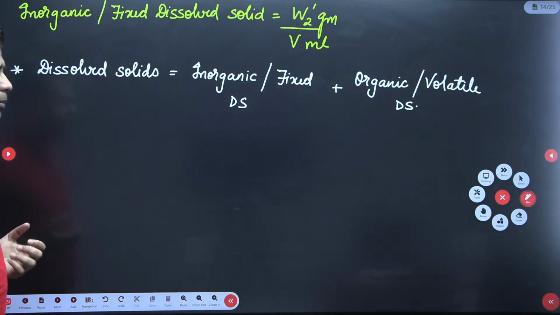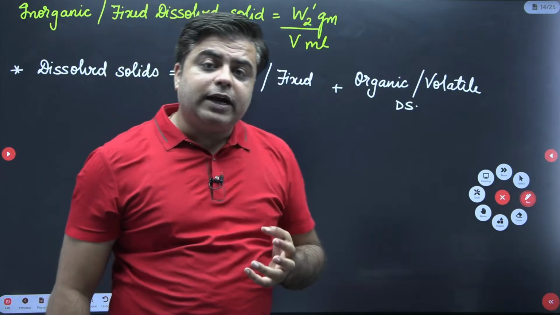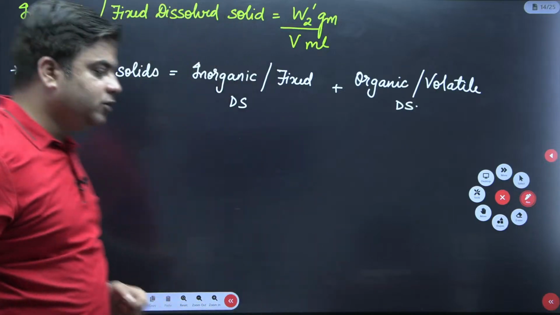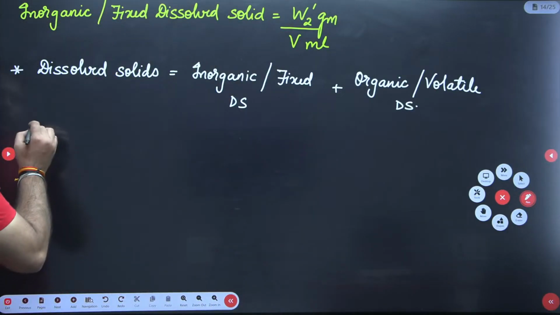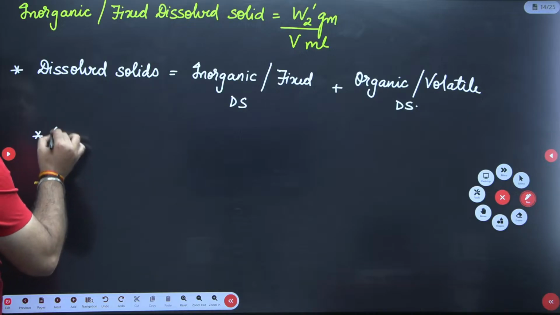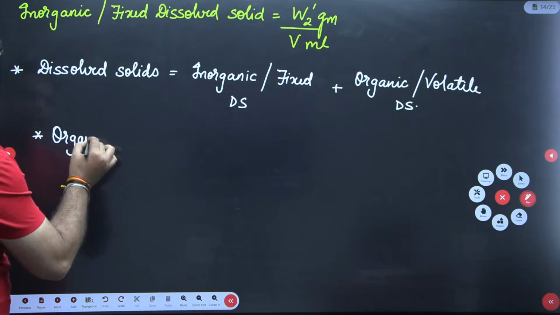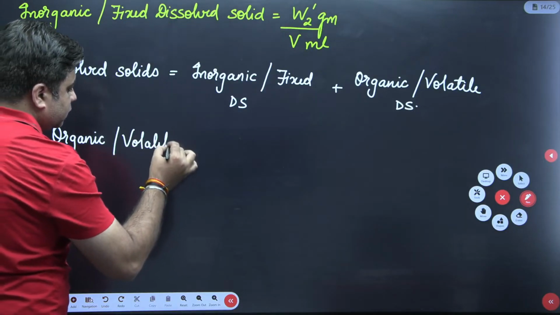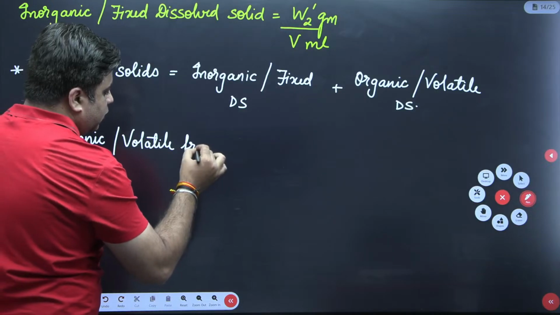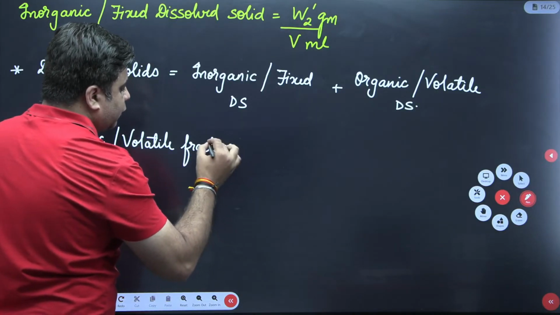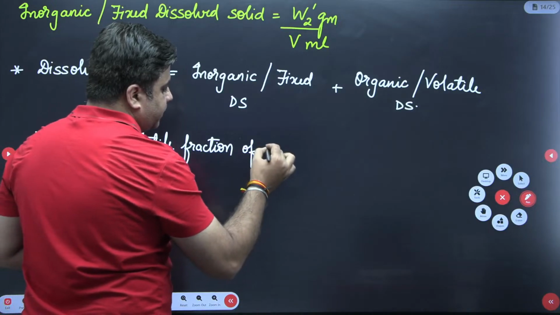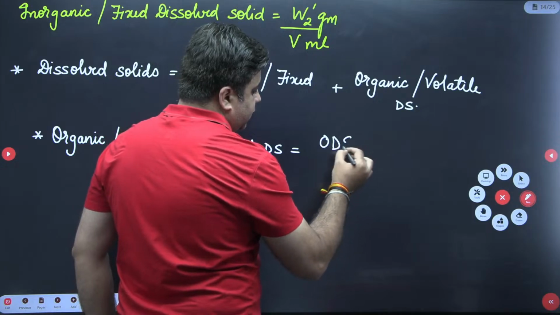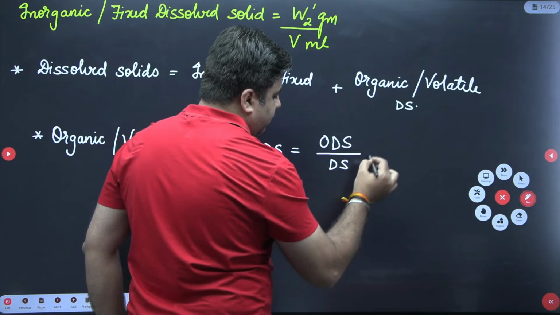Now again the same type of question can be framed. What is the fraction of organic dissolved solid and what is the fraction of inorganic dissolved solids? So again I will write like this: organic or volatile fraction of dissolved solids is equal to organic dissolved solids divided by dissolved solid concentration multiplied by 100.